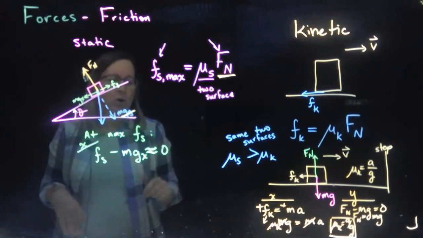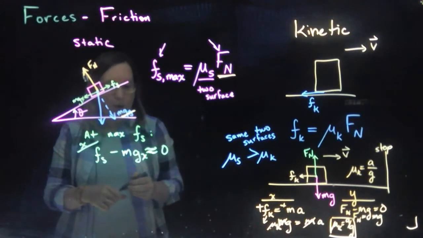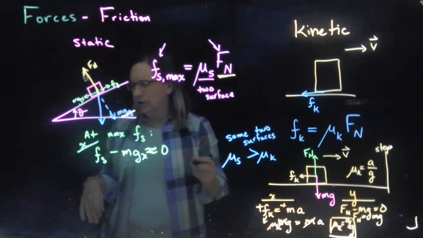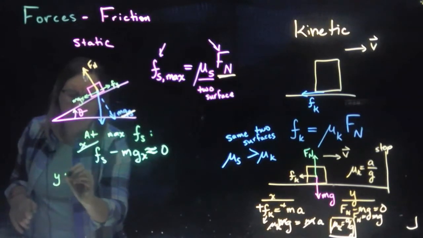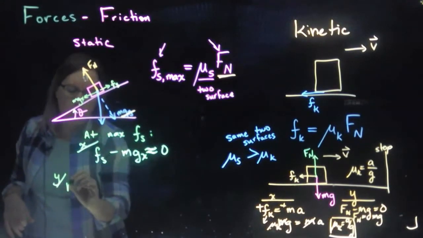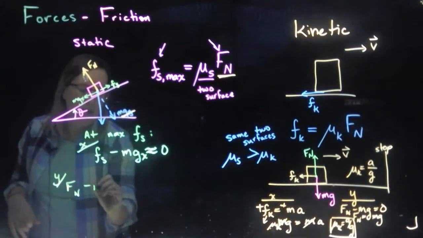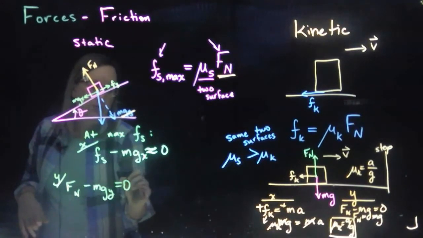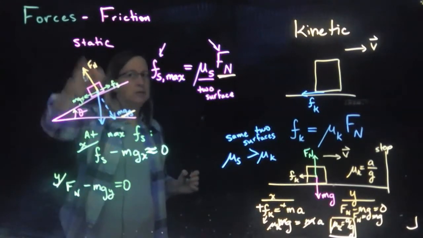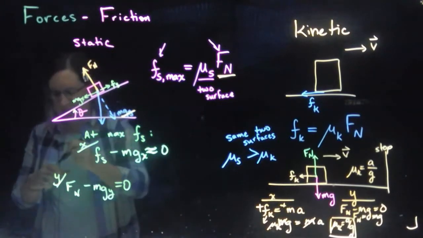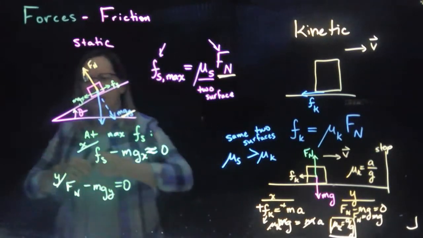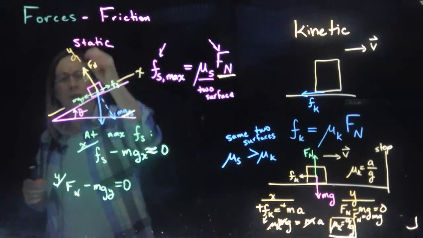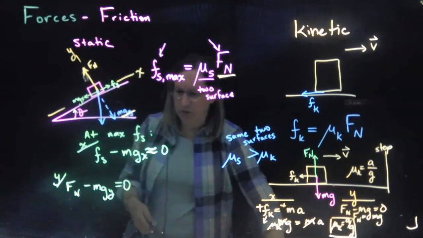And even better, that's the x information, we can also write our y component forces. Our y component forces tell us that we have force normal up minus the y component of mg must be equal to 0, right? Because it's not accelerating in this axis. Again, just to remind you, when I've got this tilted situation, this is your x and your y axis, as we've done a bunch of times before.